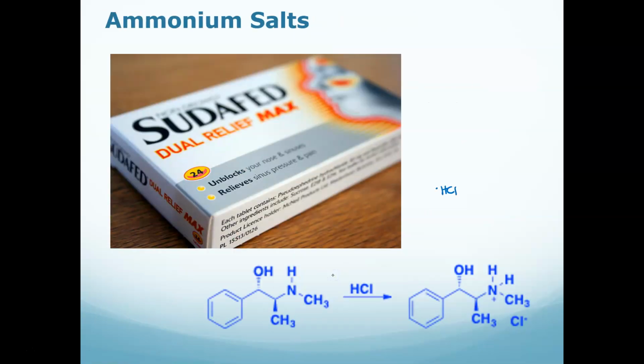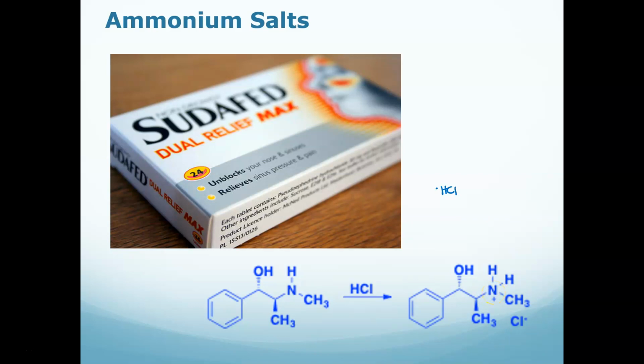So here's one example of what's called an ammonium salt. A lot of the active ingredients in different medicines, you'll see this HCl. So they make it into an ammonium salt, and we want to think about why. Okay, so go ahead and pause and think about that. Once we do that, we generate a full-out positive charge and full-out negative charge.